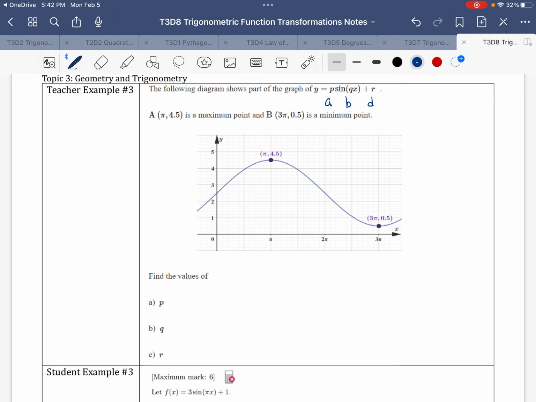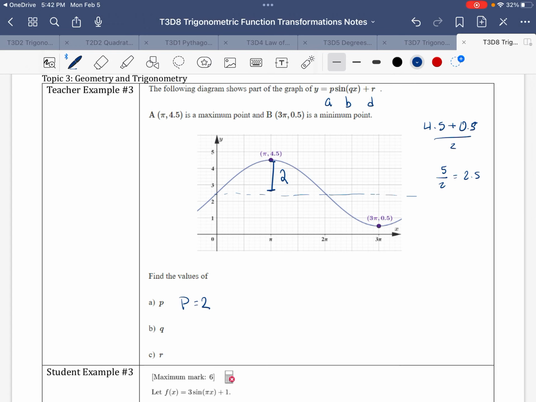So in order to think about our P value, which is, again, representing our amplitude, we know that the midpoint between 4.5 and 0.5 is going to be at 2.5. Right? And we can do that by just doing 4.5 plus 0.5 divided by 2. 5 divided by 2 equals 2.5. And the distance from 2.5 to 4.5, right, represents our amplitude, and that's going to be 2. So P is 2.